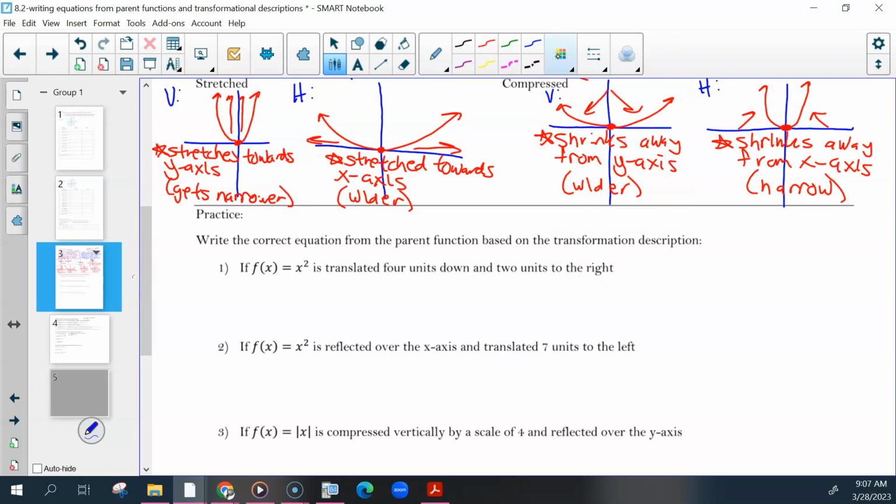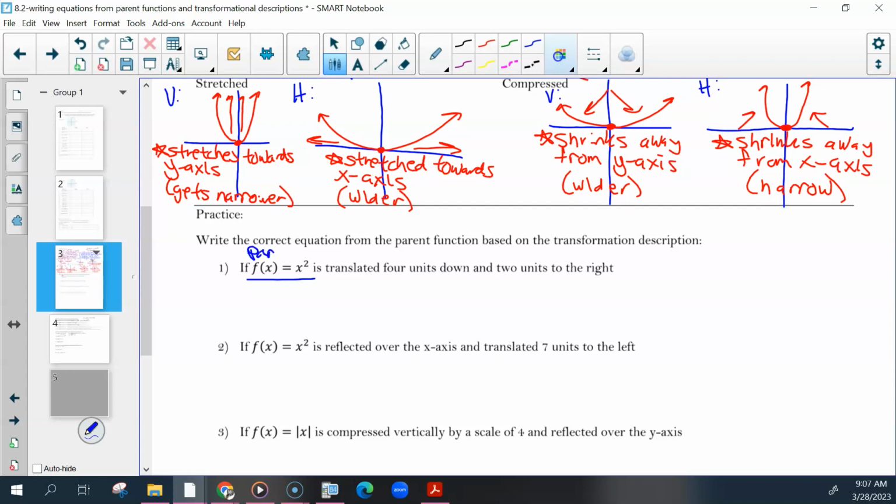So in our practice, in number 1, if f of x is x squared, so it's telling you what the parent function is, translated 4 units down and 2 units to the right. Until you get the hang of this, I would find whatever's important, knowing what the parent function is.